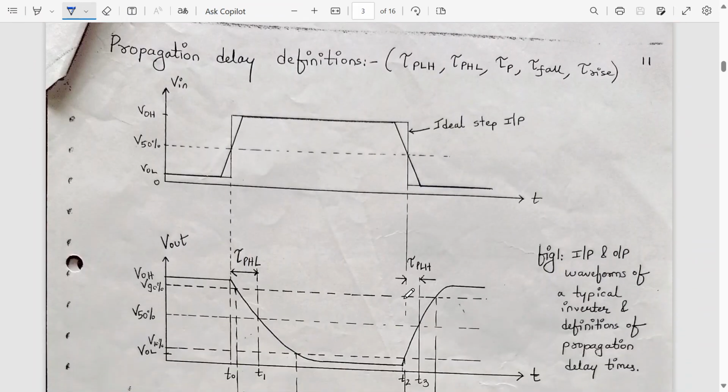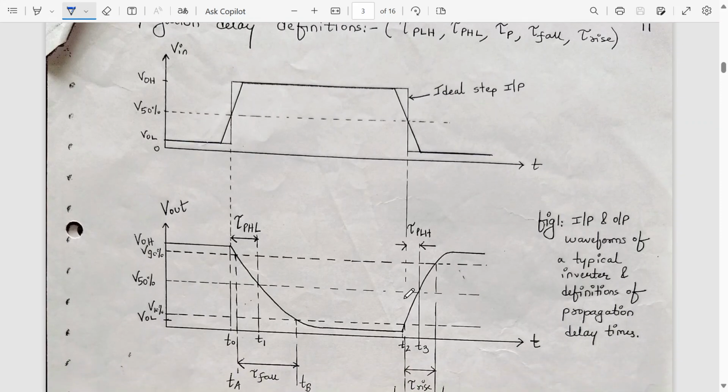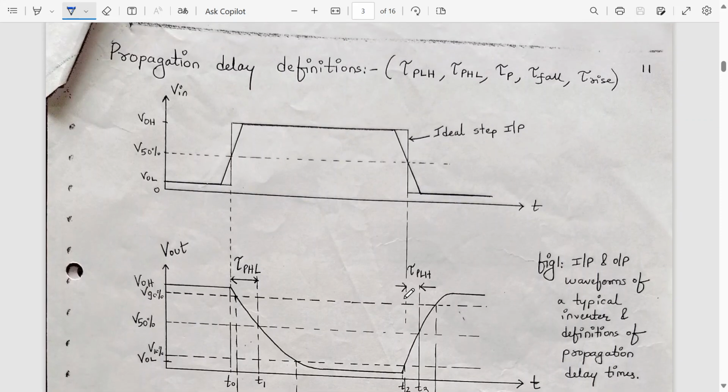Okay. So I think we have done one experiment on CMOS propagation delay estimation. This is what it is. Tau P LH is the low to high propagation delay. P stands for propagation delay; when a signal is going from low to high, this is the low to high propagation delay. Then we have tau P HL, the high to low propagation delay.